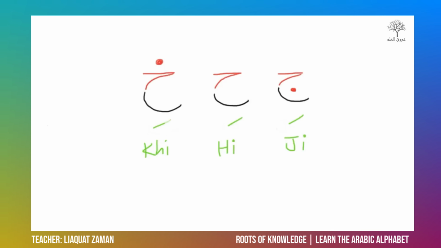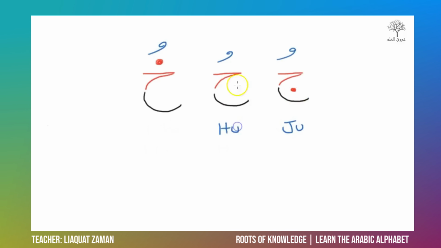Okay, so what if you had on those letters the third symbol, which is a dhamma? How would you pronounce this? You'd say ju, hu, hollow, and khu.